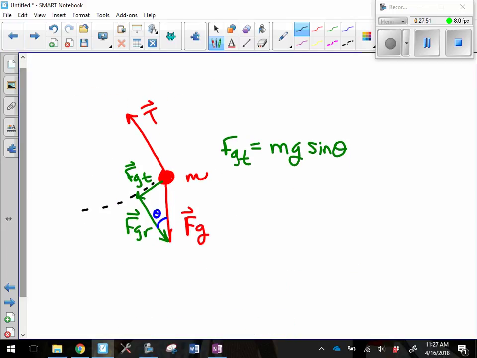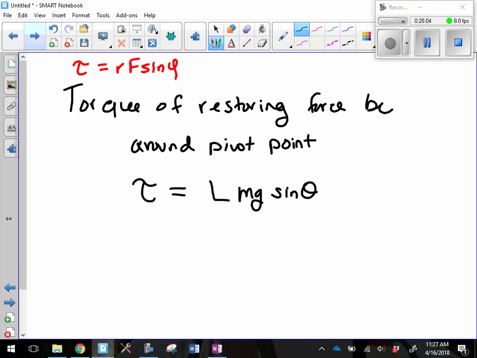this is effectively my R. Here's my F G. Here's my restoring force. So the angle between them is actually 90. Oops. So this is actually times the sine of 90. Okay. And because the restoring force acts to make the torque smaller, there's a negative sign.